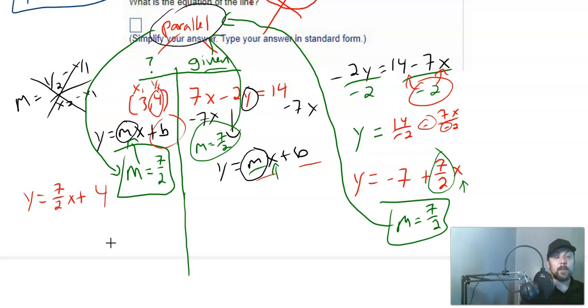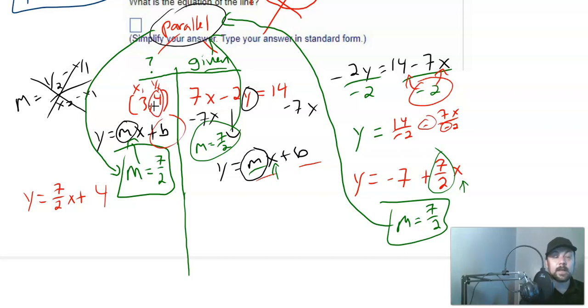So they'll put 4 here for b. That is not correct. b is not just some random y coordinate. b is the y-intercept. It's a very special point. It's the y-coordinate of a very particular point, which we do not have. We're not given that information.